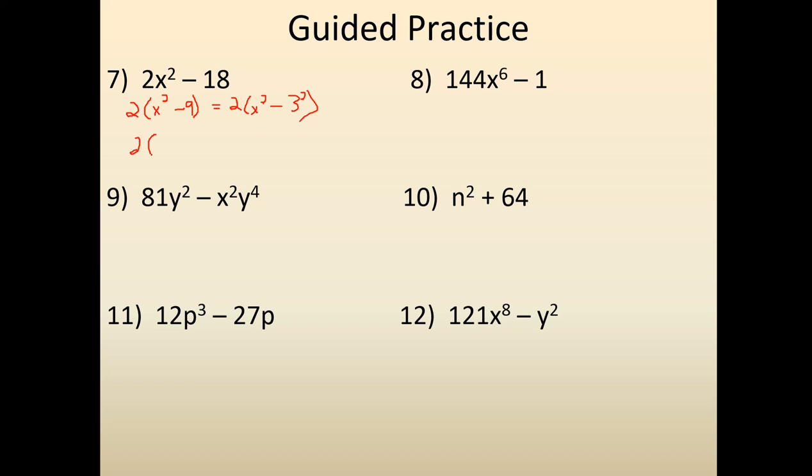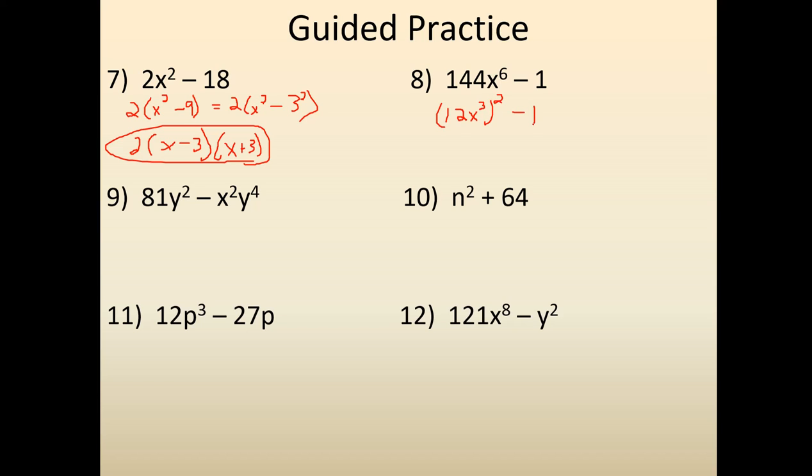So the factorization is 2 times (x minus 3)(x plus 3). Going here, 144 is a perfect square of 12, and x to the 6th can be divided by 2 to get x cubed.